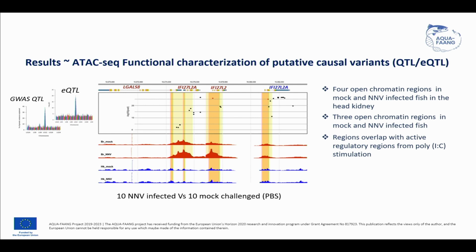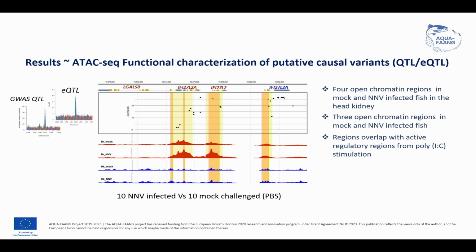It is a cluster of these interferon-inducible genes, 3 of them, which we saw had quite a high correlation with the phenotype or the breeding value of resistance to VNN, and also with gene expression. So their gene expression levels are quite close to the phenotype in terms of correlation.